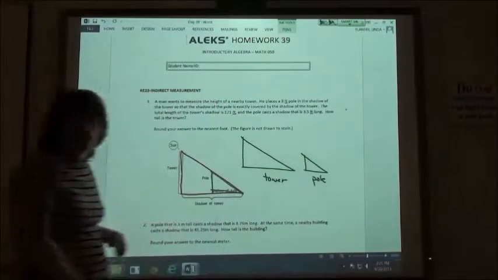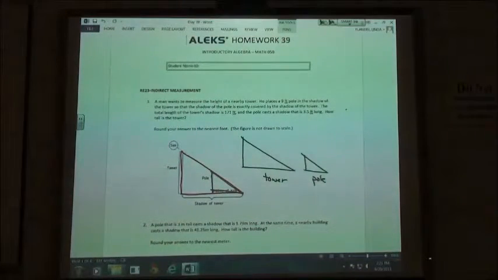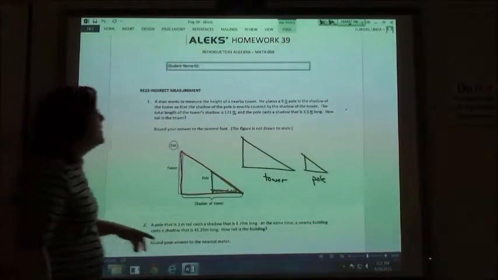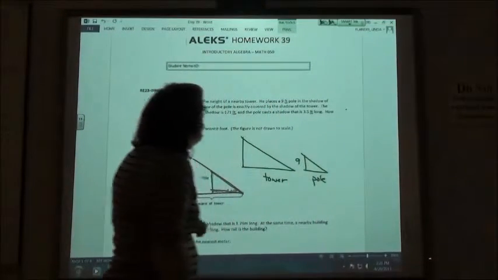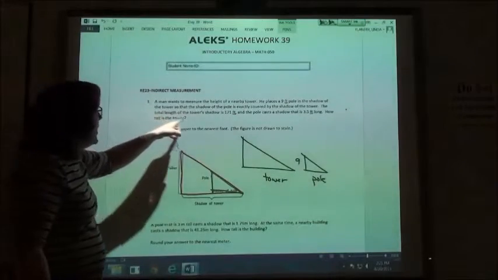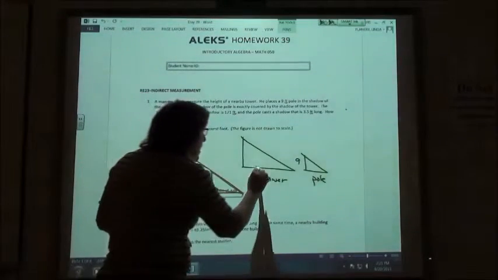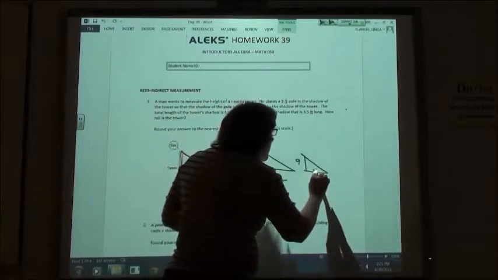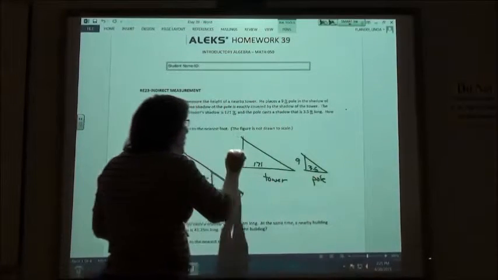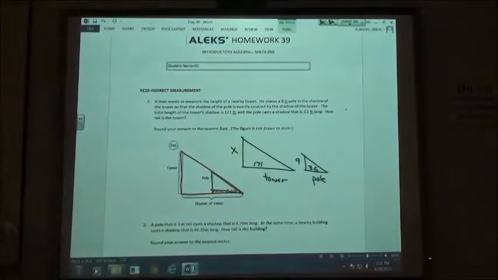Now it looks sort of like those previous ones we did with similar figures. It says the pole is 9 foot tall. The total length of the tower's shadow is 171 foot. The pole shadow, 3.5. We are trying to find how tall my tower is.